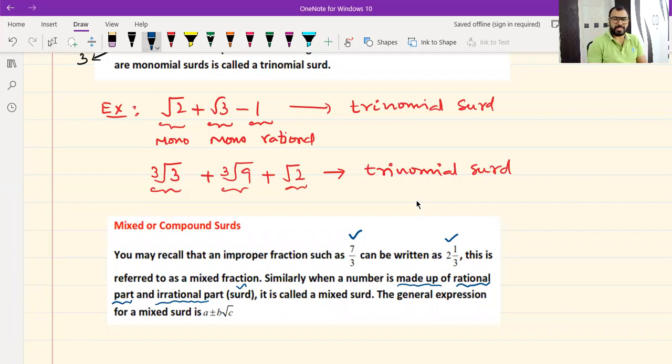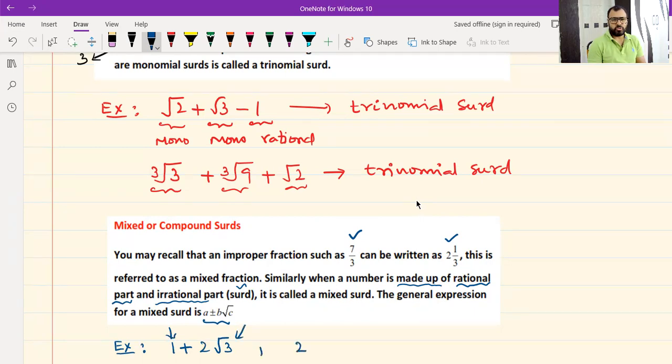So the general expression is a plus or minus b root c. For example, take 1 plus 2 into root over 3. It is a compound surd or mixed surd. Why do we call it a mixed surd? It is the sum of one rational number and one surd.